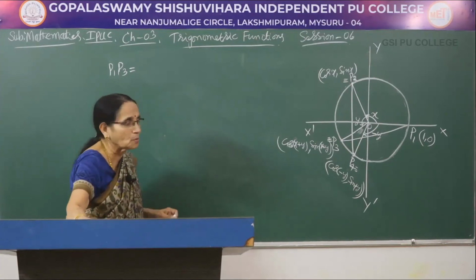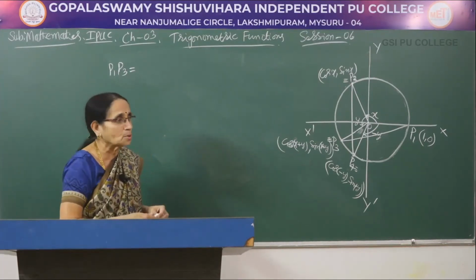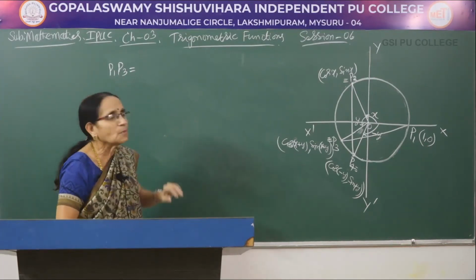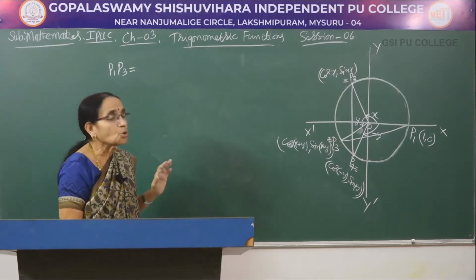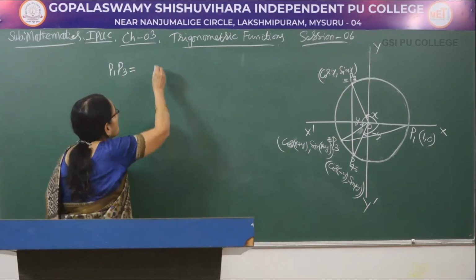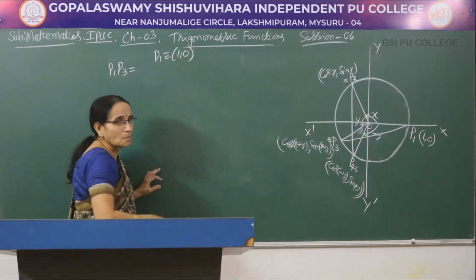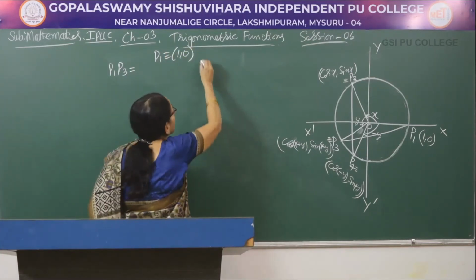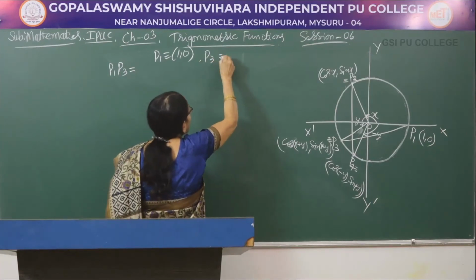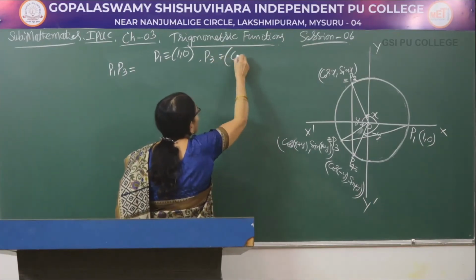Instead of x1, x2, y1, y2, we are having different values. First, consider P1, P3. For that, you should know the coordinates of the points. What is P1? We have seen that it is (1, 0). Next, P3, again it is making an angle x plus y.